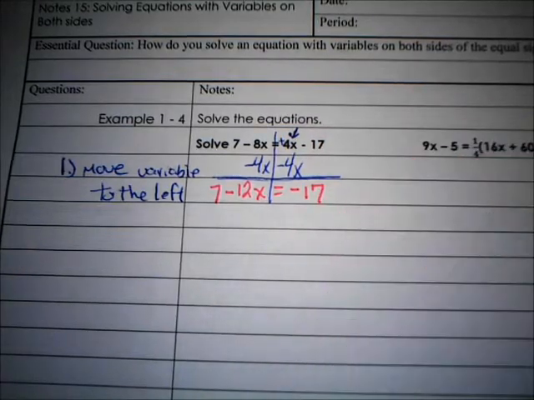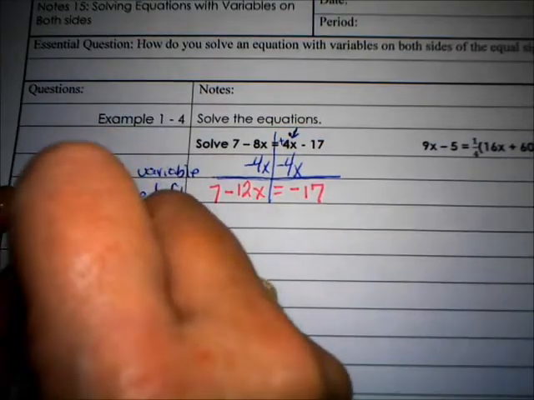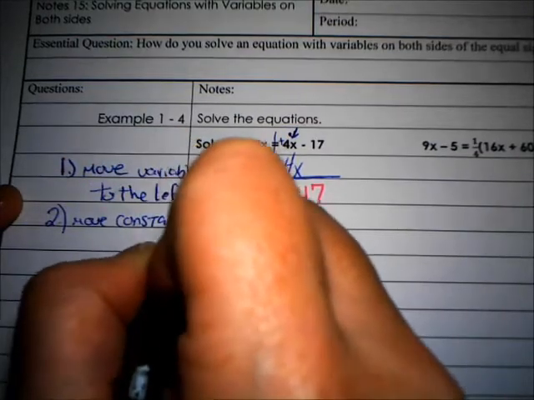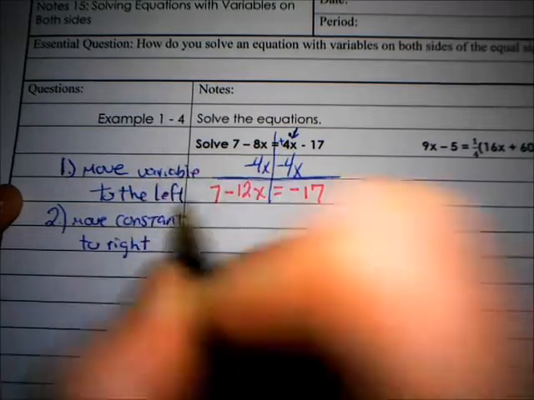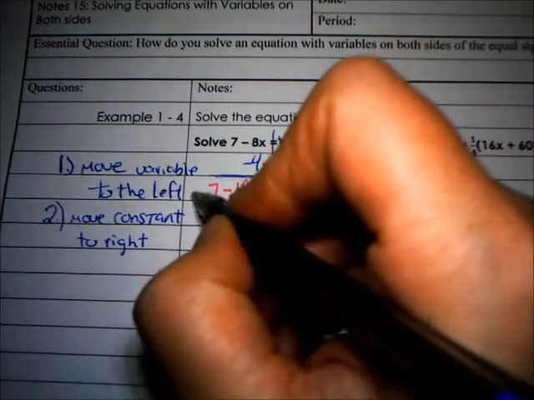The second step is move constants to the right. That's just a general rule of thumb. For this one, I have a 7 on the left hand side. I need to move it over here to the 17.